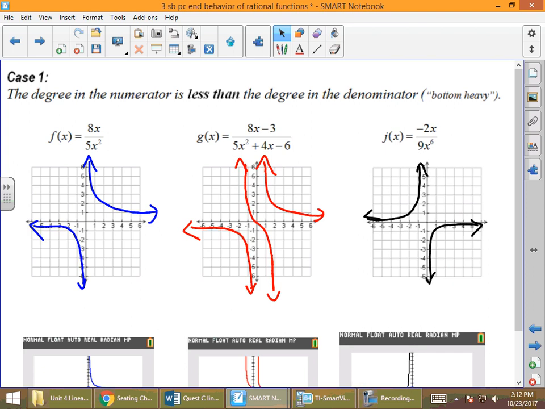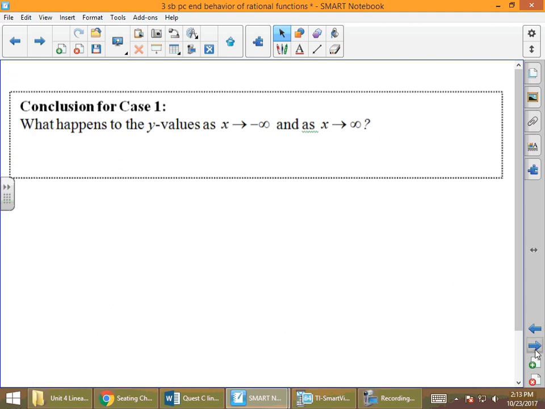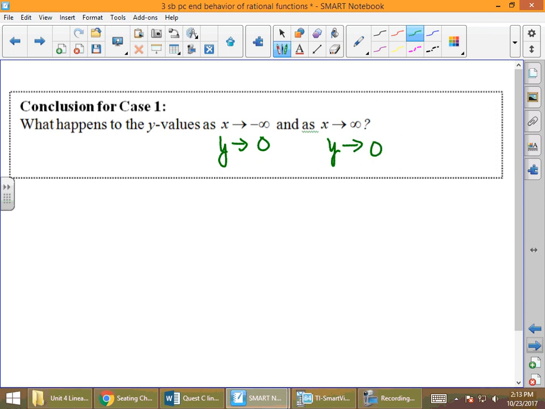But ultimately, what happens when the degree of the numerator is less than the degree of the denominator, which we sometimes call bottom heavy, is that as x approaches negative infinity, by the way this arrow means approaches, y is going to approach 0. And as x approaches positive infinity, y still approaches 0.